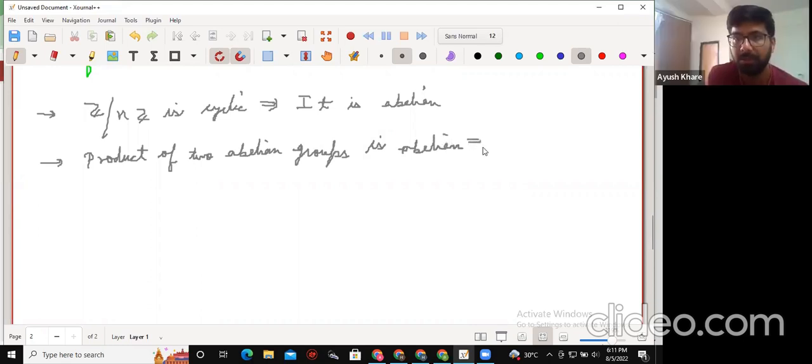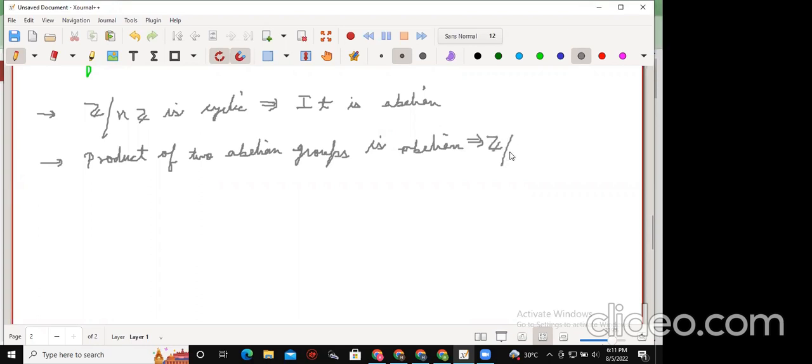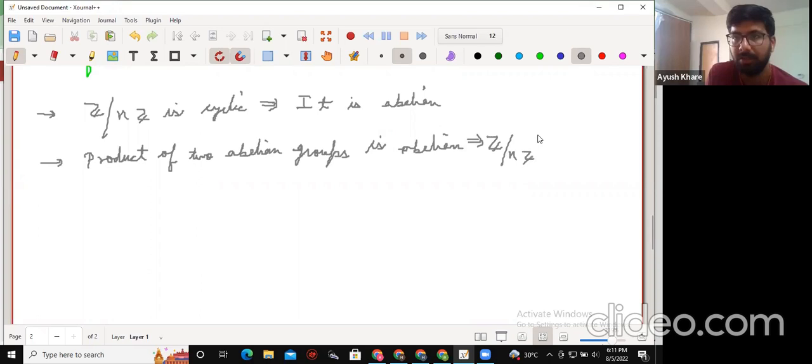Thus, it is okay to say that Z mod nZ cross Z mod mZ is always an abelian group. Yes, so that's why Z mod 4Z and Z mod 2Z is abelian, and this product is abelian.